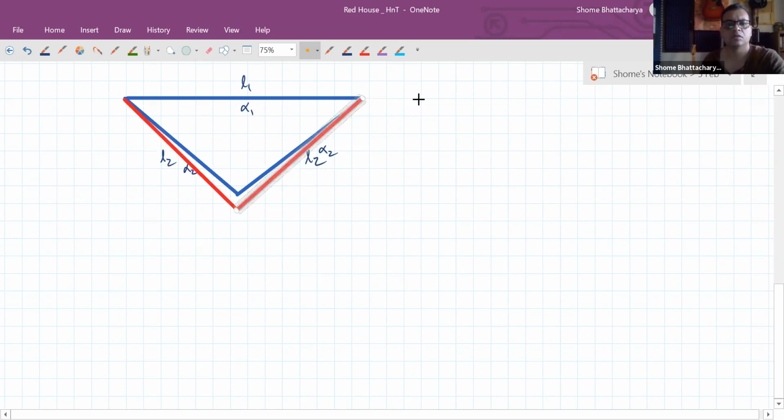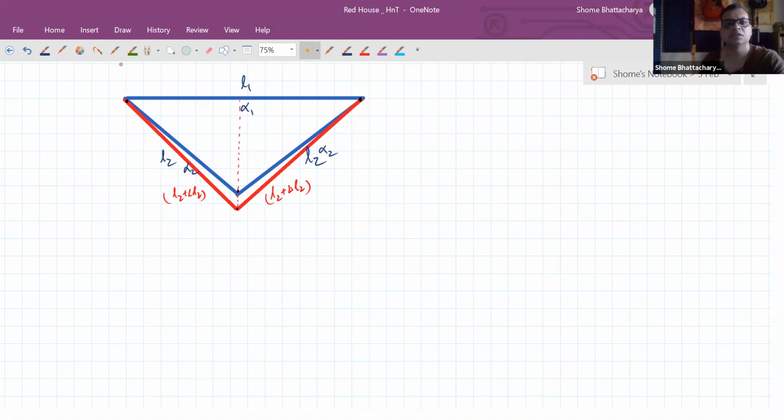That would happen if only these two lengths were changed, whereas this one's length remained constant. If this became L2 plus delta L2, the expansion of these two would tend to increase this height.